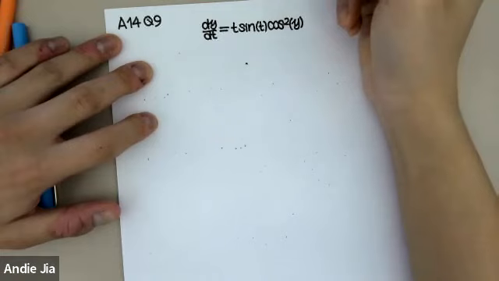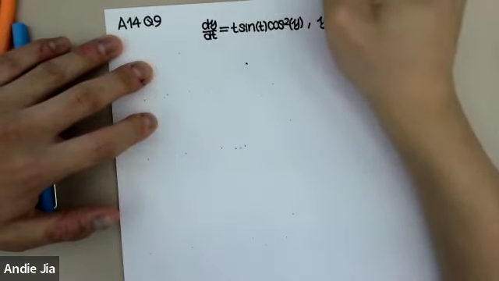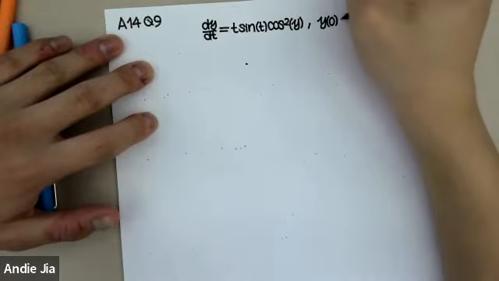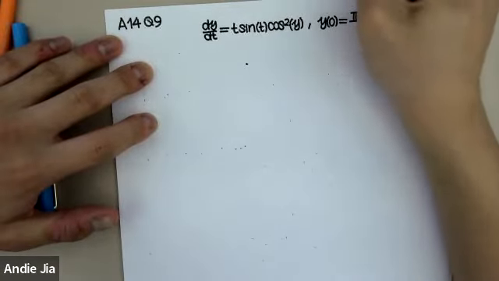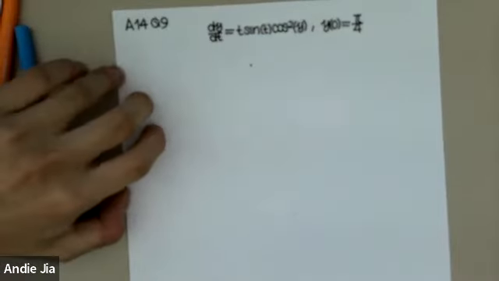Wow, this is an interesting integral. And y(0) is going to be pi over 4. So solve for y equals f of t.